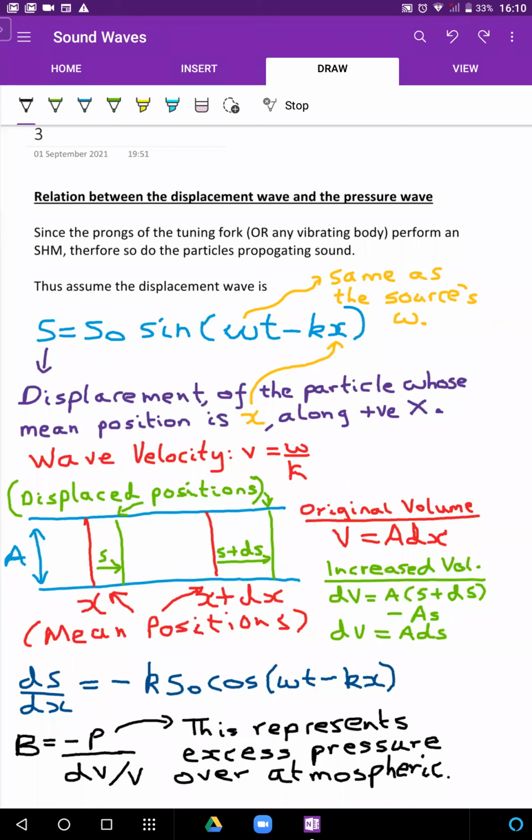Bigger volume, lesser pressure; lesser volume, bigger pressure. Okay, I'll continue the derivation on the next page.